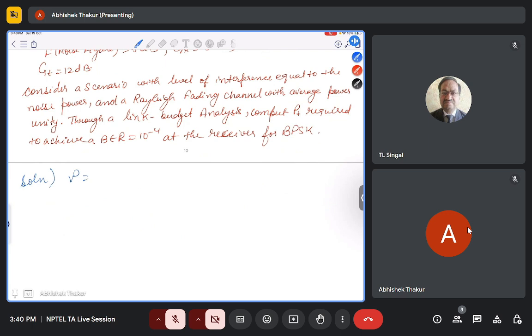So rho is given as 95%, so that can be taken as 0.95. That is the reliability.